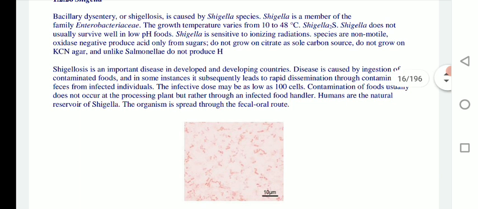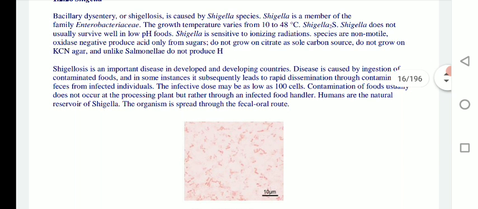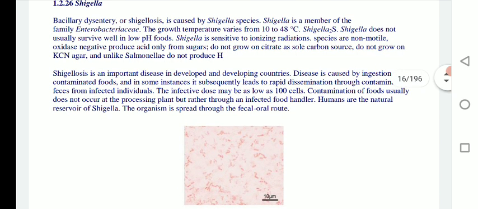The species are non-motile, oxidase negative, producing acid, not gas, from sugars, and they do not grow on citrate as a sole source of carbon, and do not grow on casein agar, and unlike Salmonella they do not produce hydrogen sulfide. So these are some peculiar biochemical features of Shigella species.